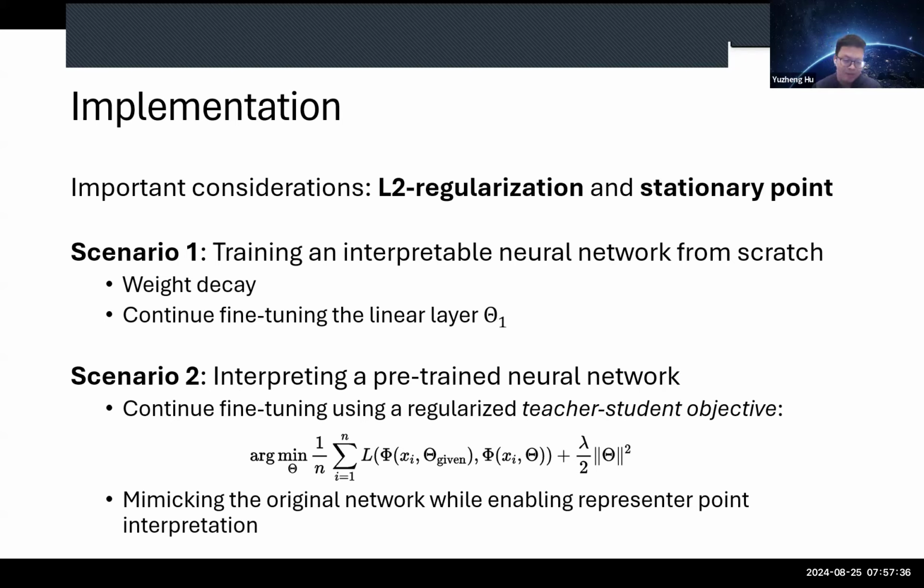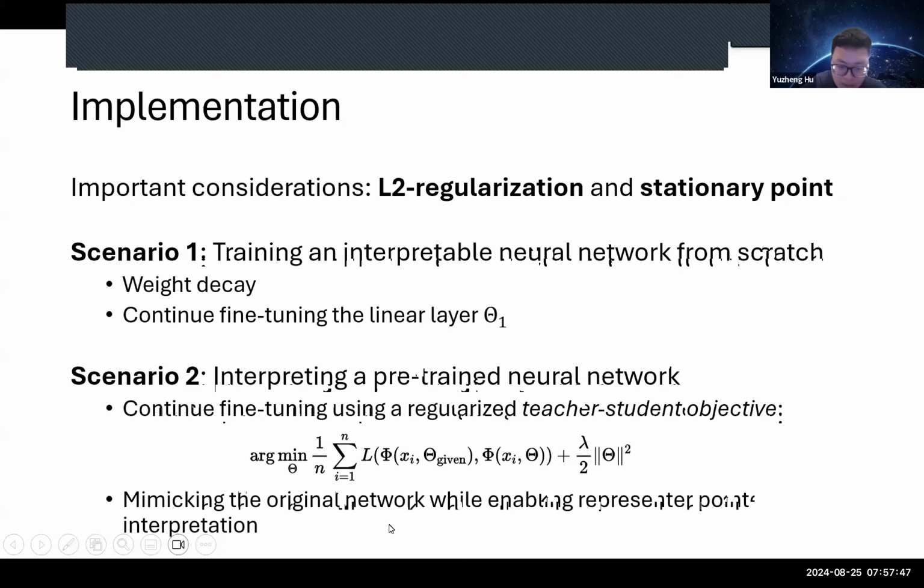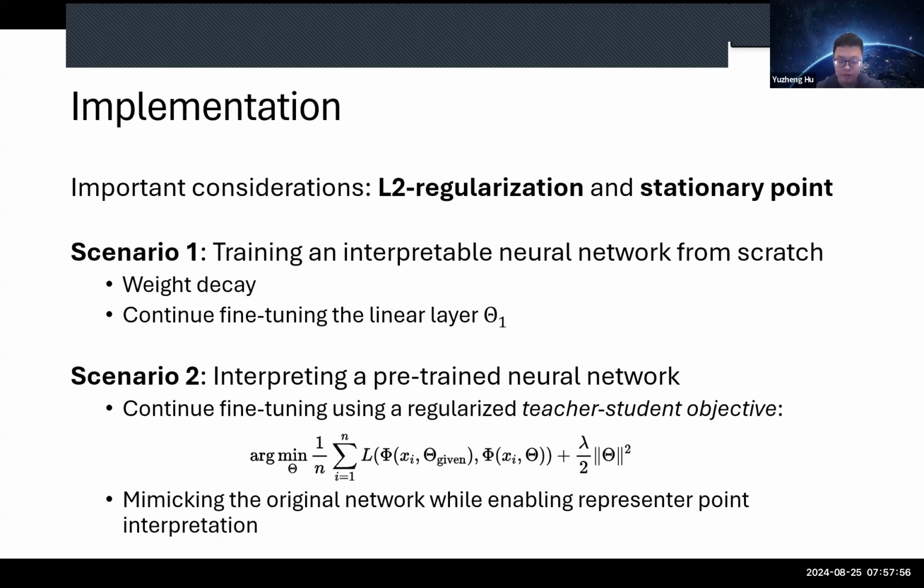So here the authors propose to perform fine-tuning using a teacher-student objective. The original objective is to match the pre-activation prediction with the samples' labels. But here we try to match the soft labels produced by the teacher network, which is exactly the pre-trained network that we are given.